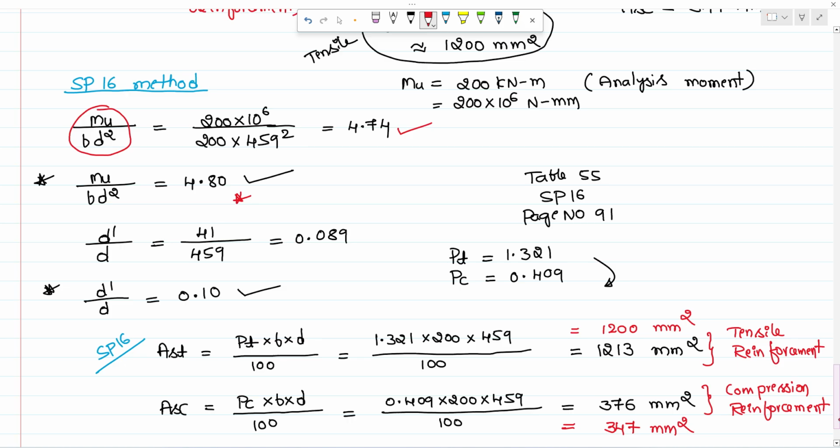That's why in SP16 method I am getting steel on the higher side. If you want the exact answer, you can do linear interpolation and calculate the exact area of steel for 4.74.